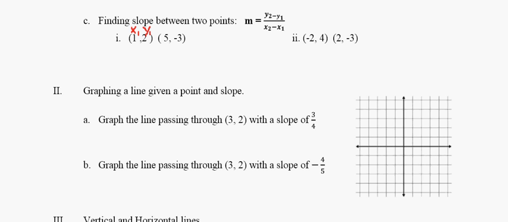That represents the y coordinate of the first point. Just like that, we can call this x2, representing the x coordinate of the second point, and we can call this y2, representing the y coordinate of the second point.